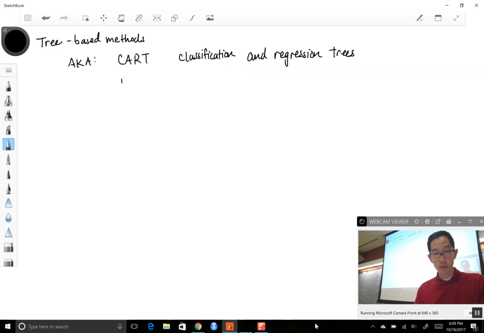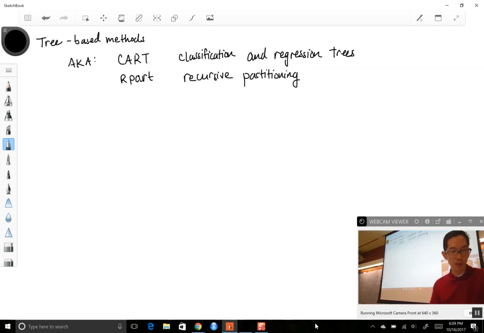We also have it called RPart, which is recursive partitioning. Those are probably the two biggest names. Maybe we might just call it a decision tree. That's probably the easiest.